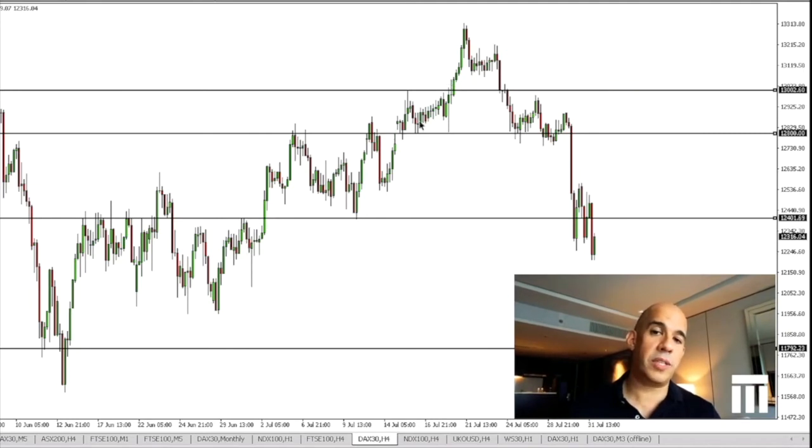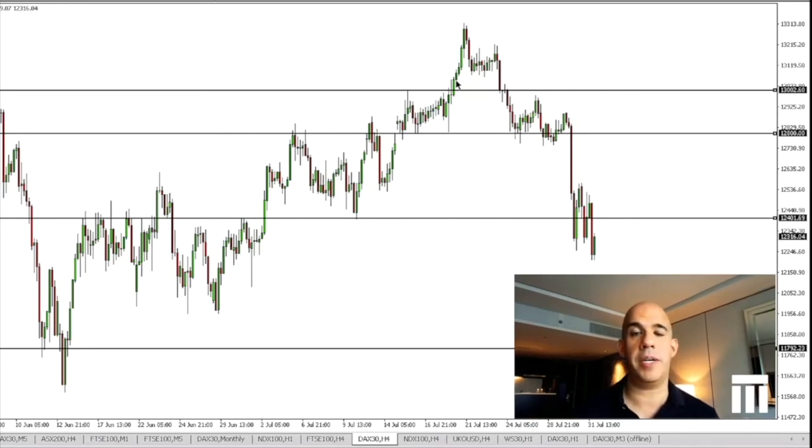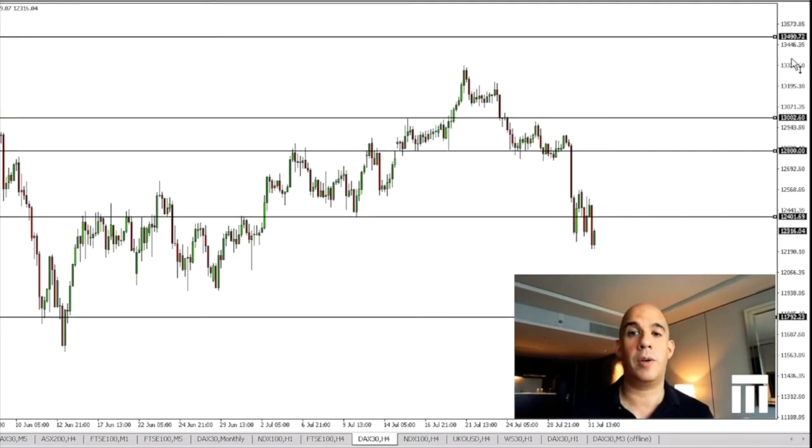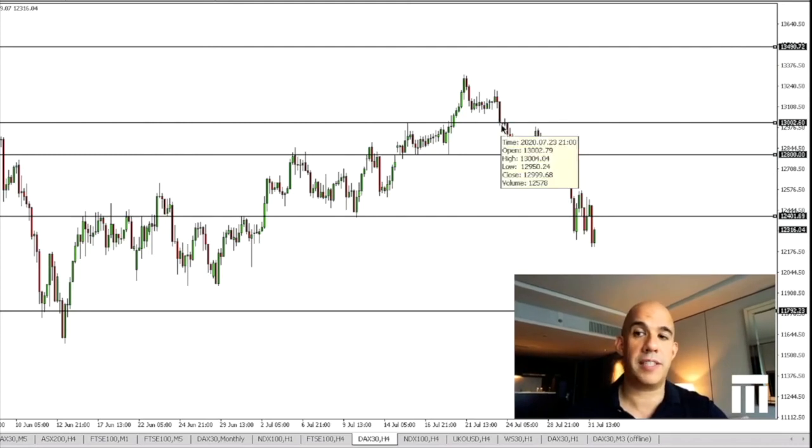So you're always underpinning these levels and just understanding where we are potentially neutral, or positive or negative, and what those support areas and zones are in the market. So while we were above 13,000, we were calling a move to 13,500, but we broke 13,000 and moved back down to the 12,800.